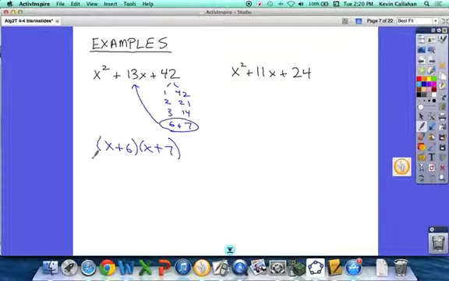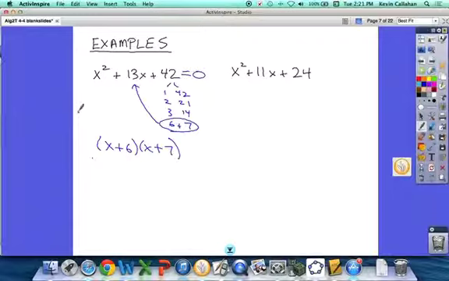The reason that we do this is because after we learn how to factor, then we start solving quadratic equations. And just think of it, up till now, when you had to solve an equation, that meant isolate the variable on one side, and the answer will be on the other. If this were an equation, and again, I'm just saying if this were an equation, there are not actually, in what we're doing today, any equations. But if I just set this equal to 0 to turn it into an equation, there's no way to isolate the x.